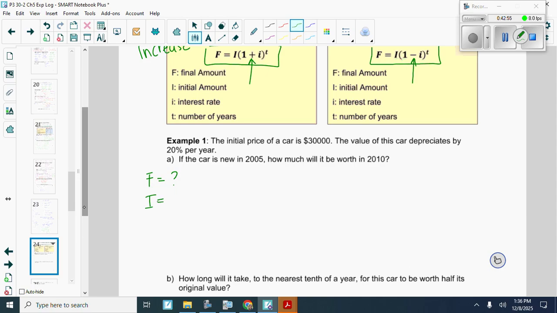We know the initial value. The initial price of the car was $30,000. It says it depreciates by 20%, so the interest rate is 20%. Let's divide that by 100 to get our decimal, 0.2. And the number of years, 2010 subtract 2005 gives us 5 years.